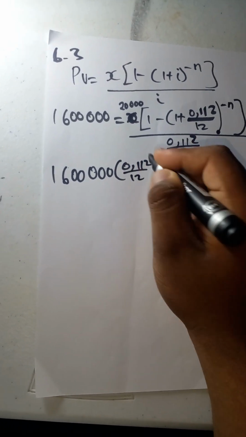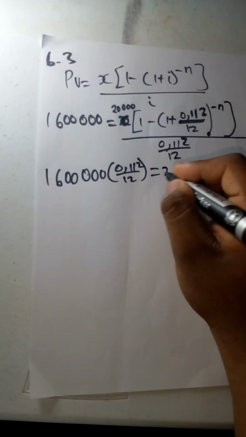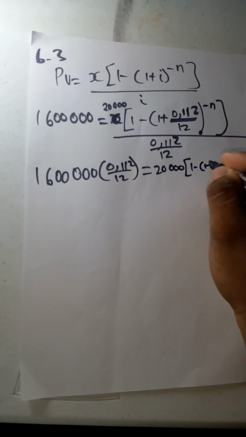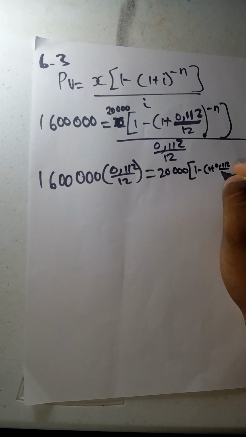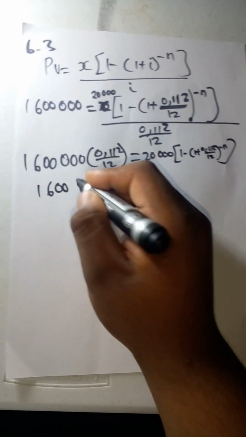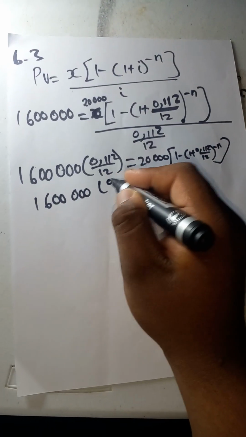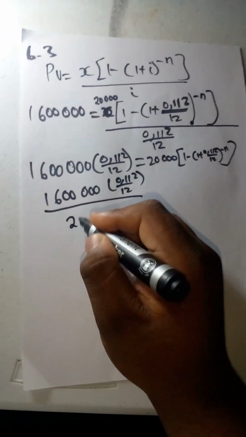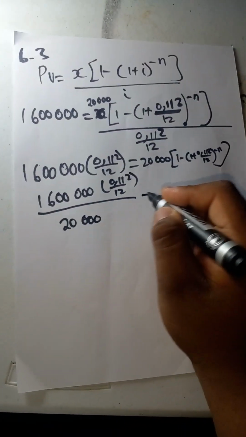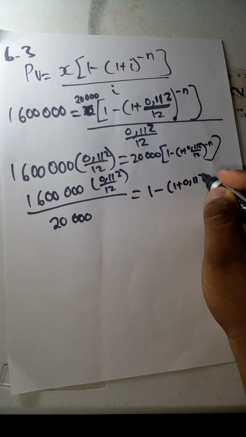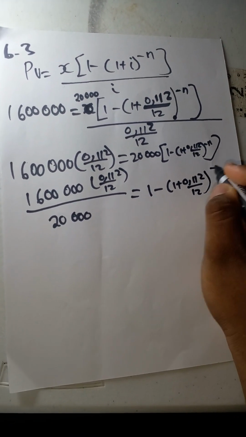Cross multiply, which is equals to 20,000 times 1 minus 1 plus 0.112 over 12. You see, now we are going to divide both sides by 20,000. Which is now equals to 1 minus 1 plus 0.112 over 12 to the power of what?